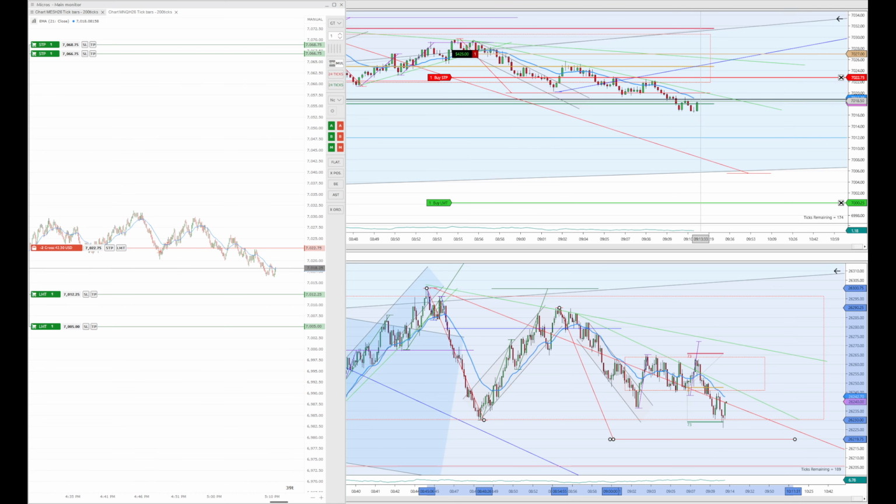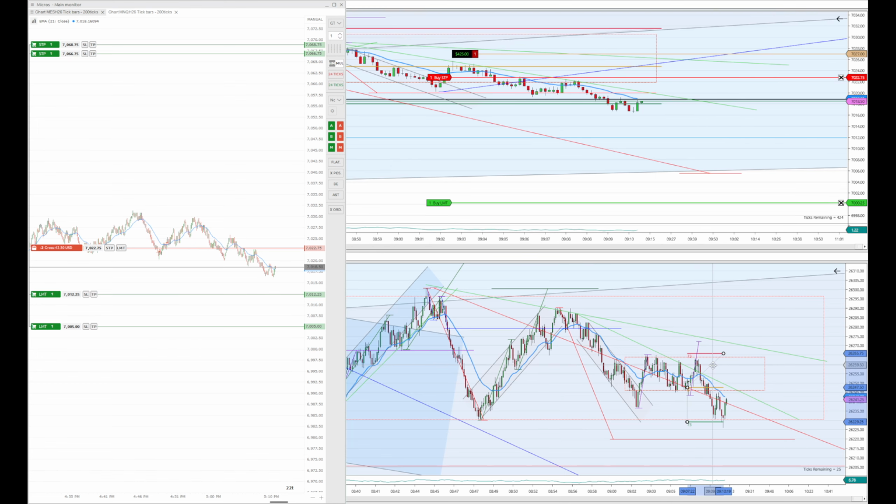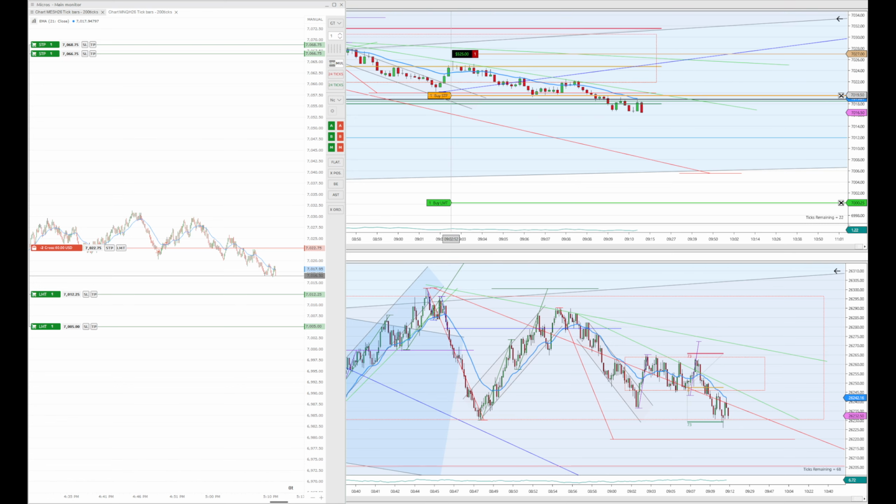If we get a rejection again from this overnight high, then I will move my stop loss just above it. Alright, looking good. So I move my stop loss here.